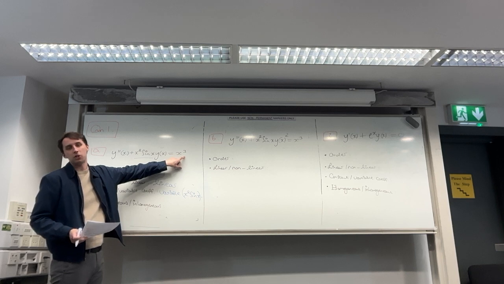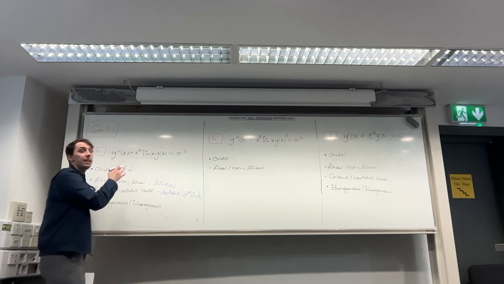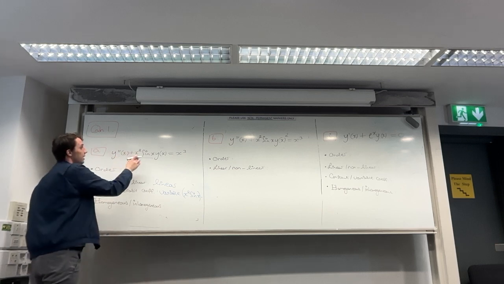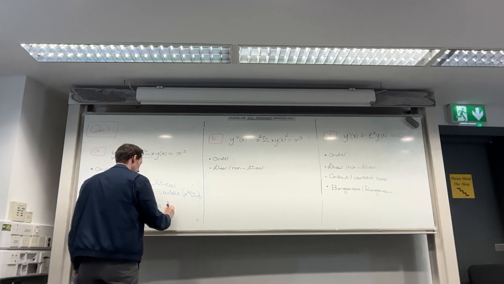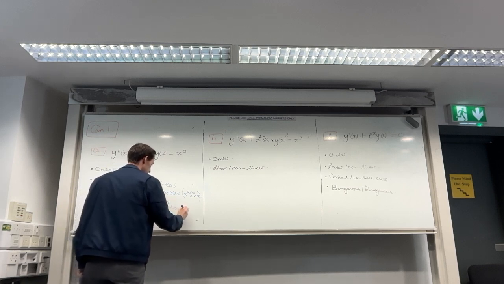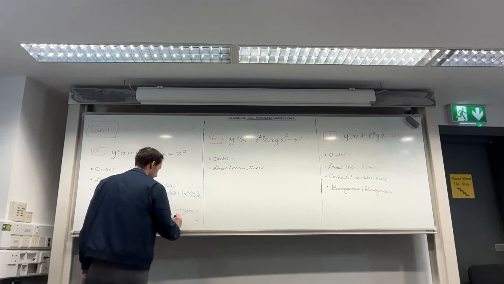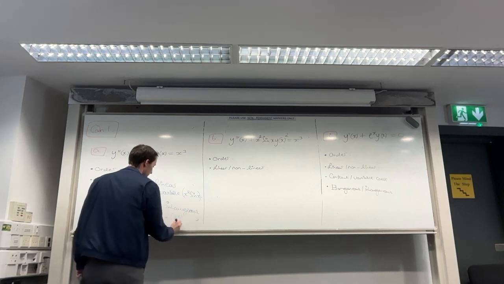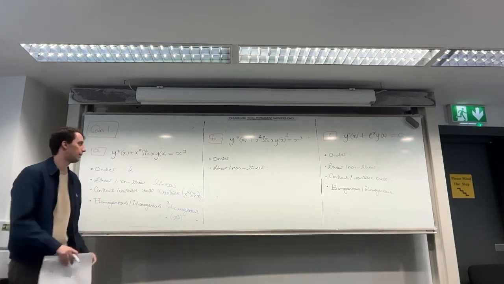So hence the third term is not proportional to y, and hence the equation is inhomogeneous because not each of its terms are proportional to y. So this equation would be inhomogeneous. And that's because of the x cubed term. This third term here is not proportional to y.